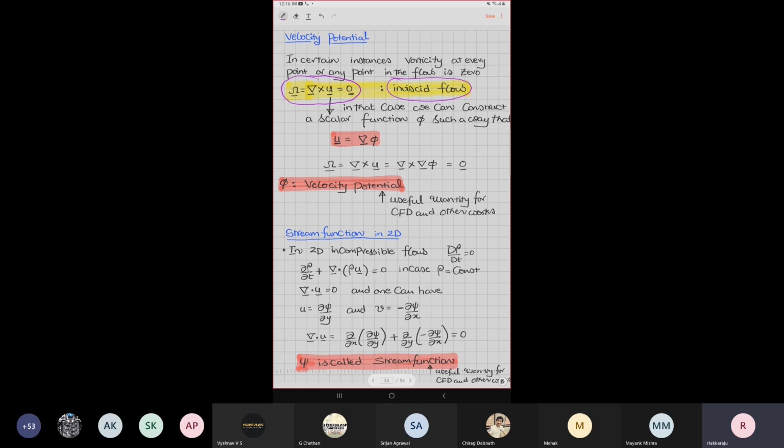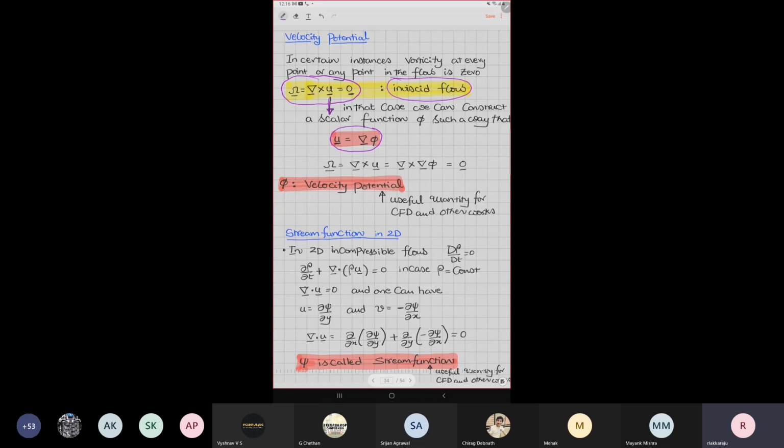Your big equation is drastically reduced to very small equations, which are much easier to solve very quickly. For that purpose, we are going to learn about this velocity potential also. Whenever del cross u is equal to 0, one can write the velocity field as a gradient of a scalar potential.